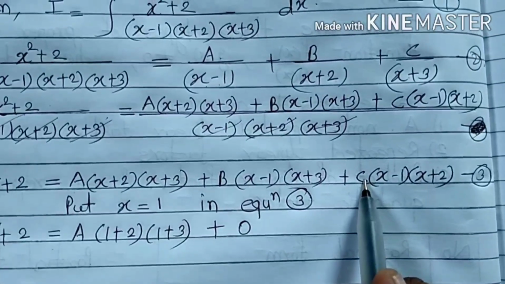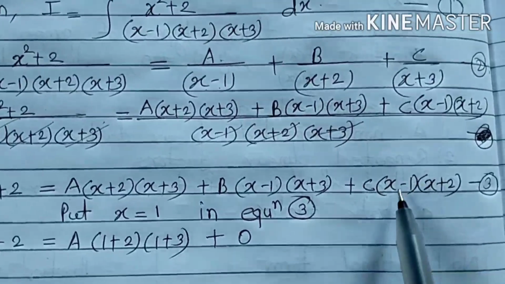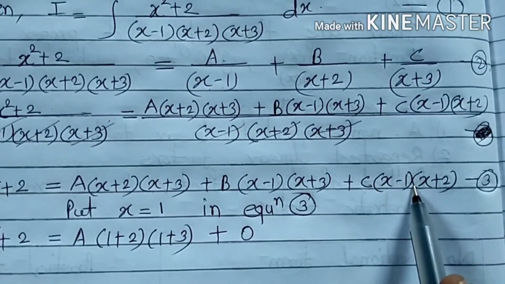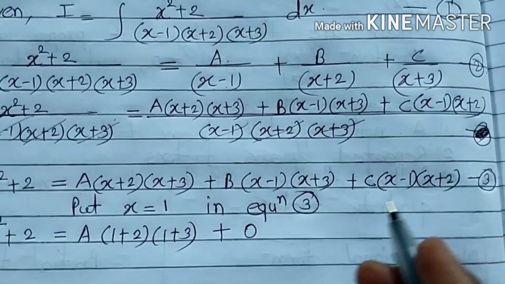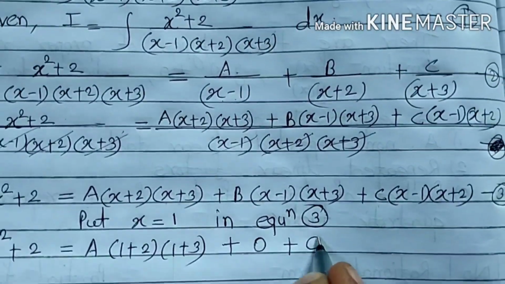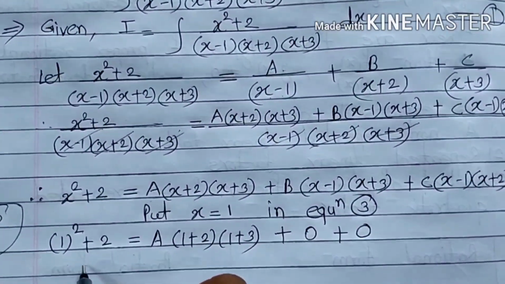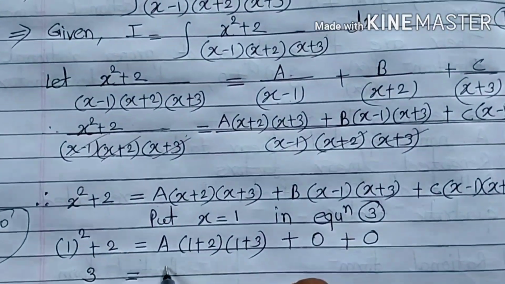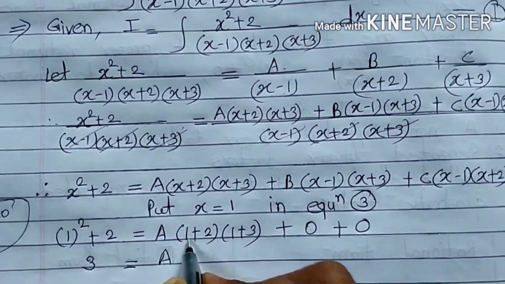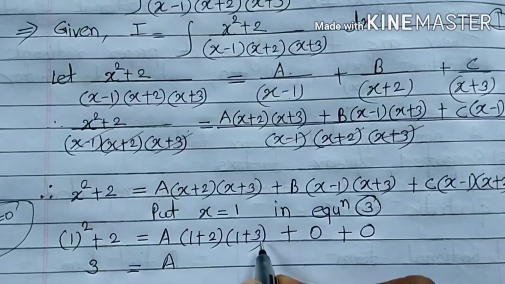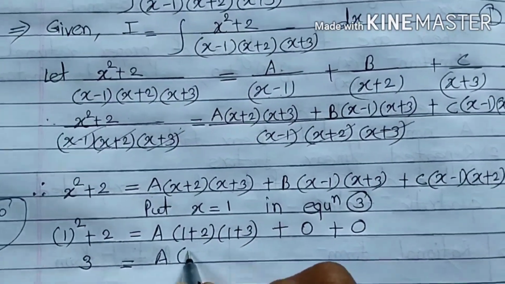Next, this term is the same: 1 minus 1 is 0, so it is times 0, and we get plus 0. Now calculate: 1 squared plus 2 is 3, and here is A: 2 plus 1 is 3, and 3 plus 1 is 4, so it is 12.